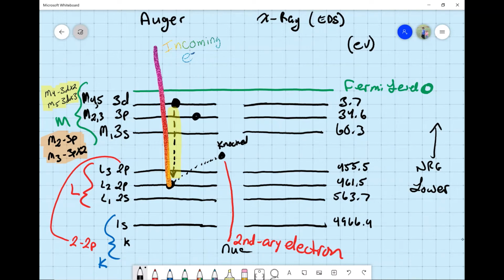It can be in the same band, and it can be any band between here and here. Okay, it's never in the same 2p. It's going to be a different 2p, but it's easier to differentiate L2 and L3. So it's not going to be an L2, and it can be any energy level that's above this L2. So it can be L3, it can be M1, it can be M23 or M45.